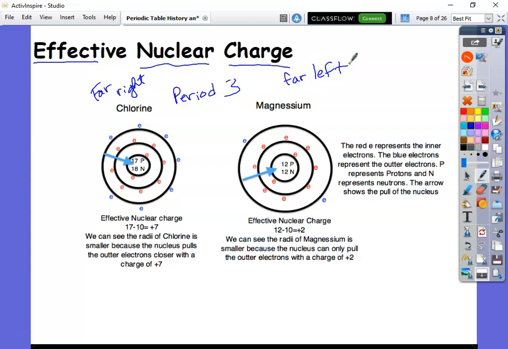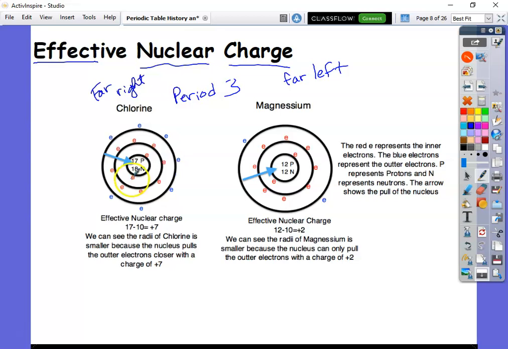Now, I'm pointing out that these are both in the same period because that period number 3 tells us how many energy levels of electrons are in that atom. So anything in row 3 on the periodic table has 3 energy levels with electrons in them. You can use that same idea for every row of the periodic table, 1 through 7. The number of the row tells you how many energy levels of electrons are there.